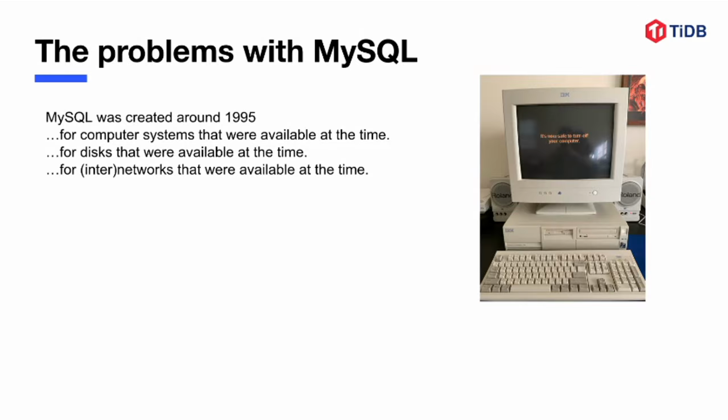To describe the reason why we have TiDB in the first place, we need to look at MySQL. MySQL was created around 1995 for the computer systems, networks and disks that were available at the time, which were quite different from what we have today, because this was basically pre-cloud, and the internet was just starting.